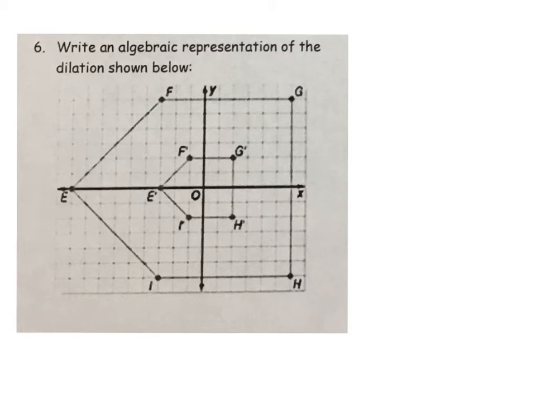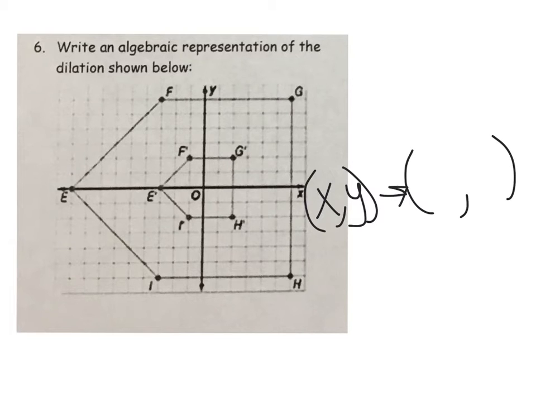Write an algebraic representation of the dilation shown below. A dilation that is getting smaller is multiplying by a number less than 1. So your answer is going to be x comma y changing to something times x and something times y. You have to find out what scale factor it's multiplying by.